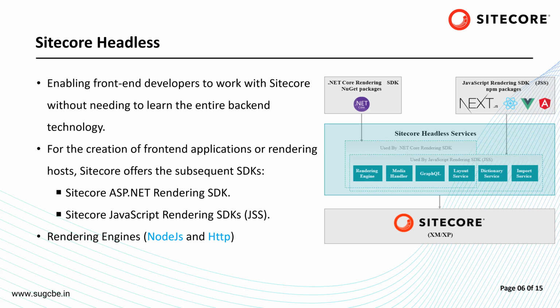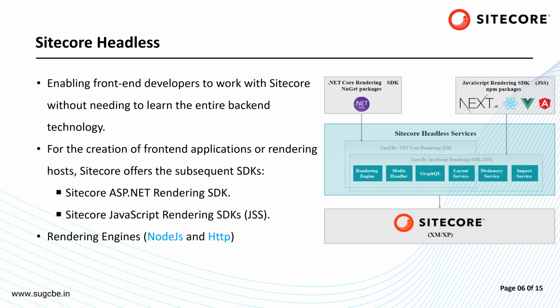And the second one is the HTTP rendering engine, which is the most recent engine that Sitecore released. After Sitecore 9.1.1 or later, you can go ahead and use this. When compared with the Node.js rendering engine, this HTTP rendering engine is slightly faster and lightweight.